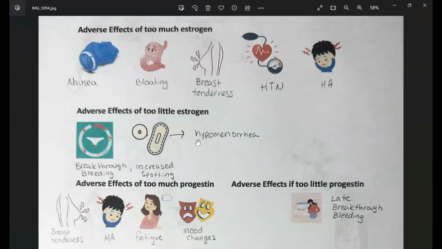If there is too little estrogen, they might have breakthrough bleeding and increased spotting, or they might have hypomenorrhea, so just decreased bleeding, decreased menstrual cycles, which is shown by this little tiny blood spot there.